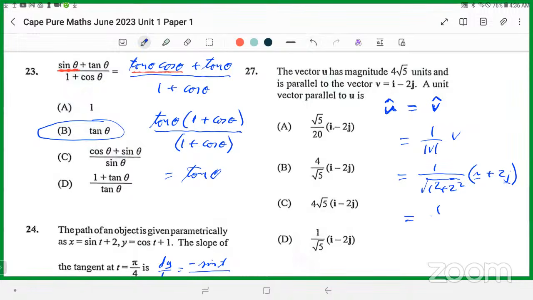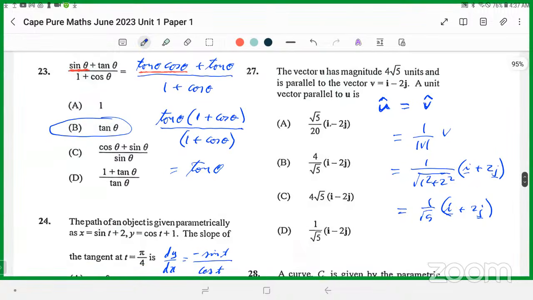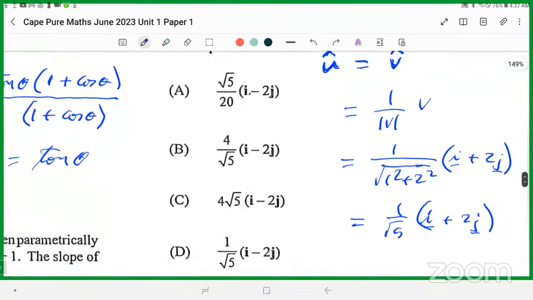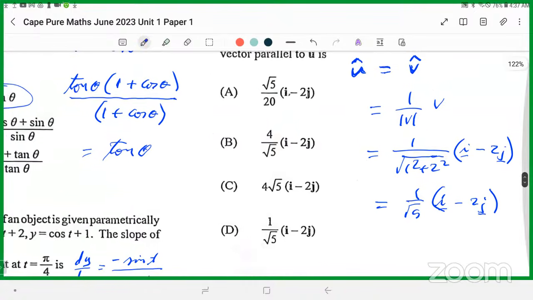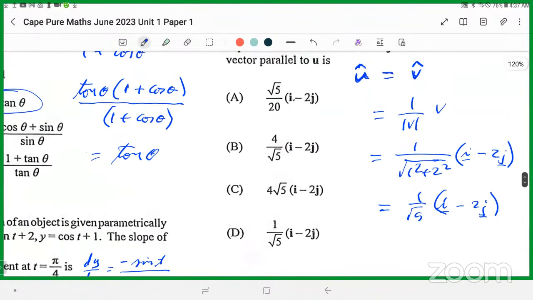So it's 1 over the square root of 5 times i plus 2j. Let's change these to minus. It's minus. All right, 1 over root 5 times i minus 2j. So this is it.